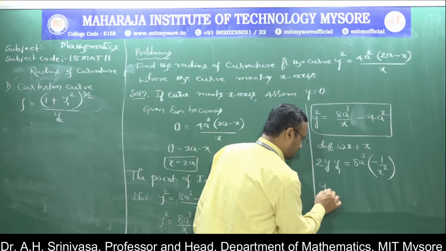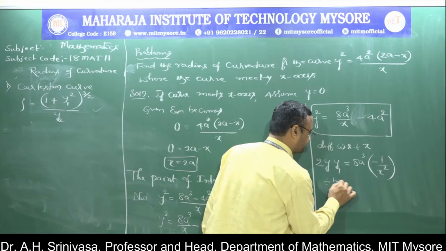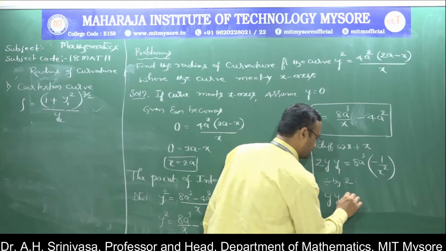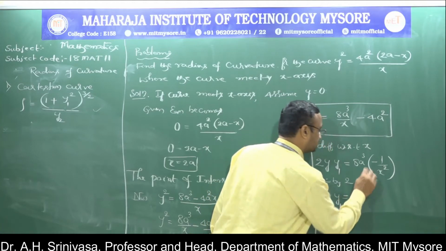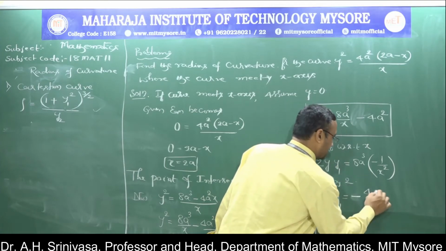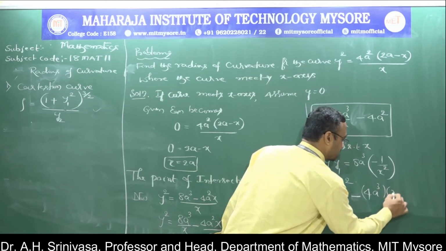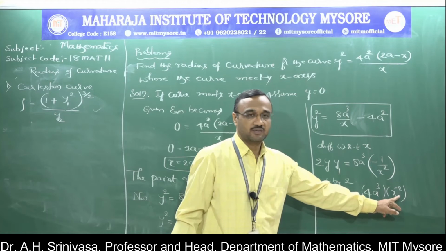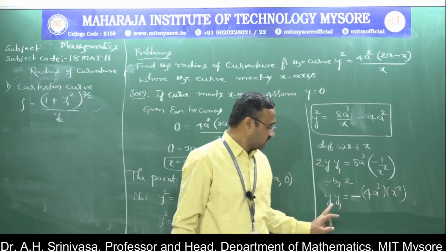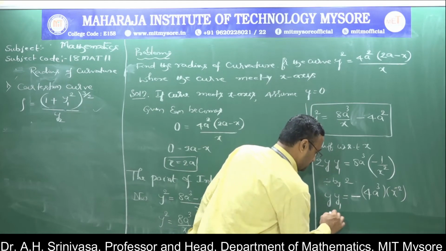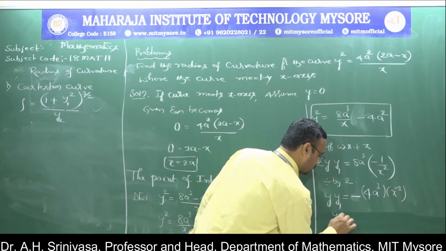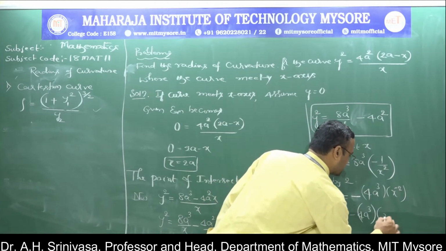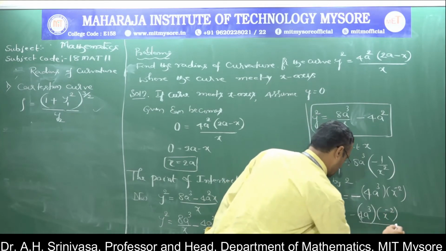What we get now here, if we divide by 2, we get y into y1 should be equal to minus 4a cube. You shift to numerator, it's quite very easy for doing the further differentiation. You shift to numerator, they become x to the power of minus 2. Okay, it's clear. So then y1 it should be equal to minus 4a power 3, then x power minus 2, then whole divided by y.